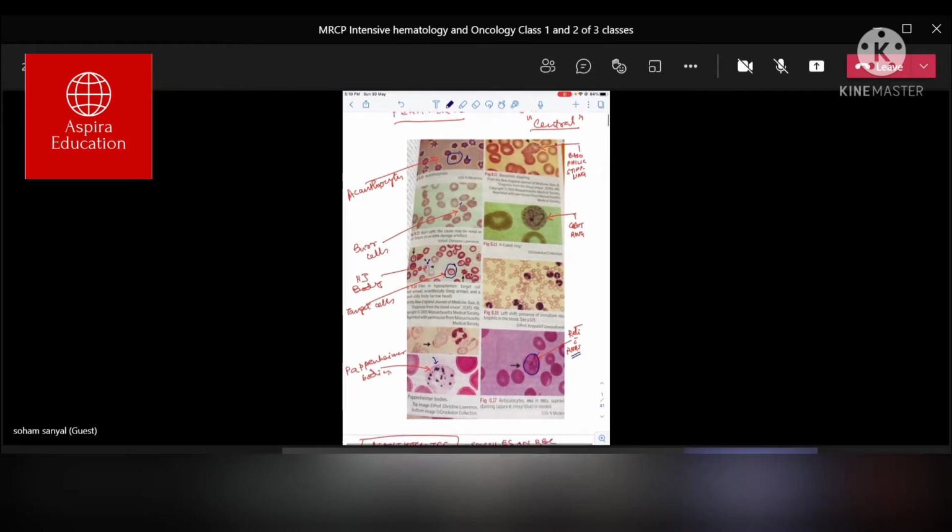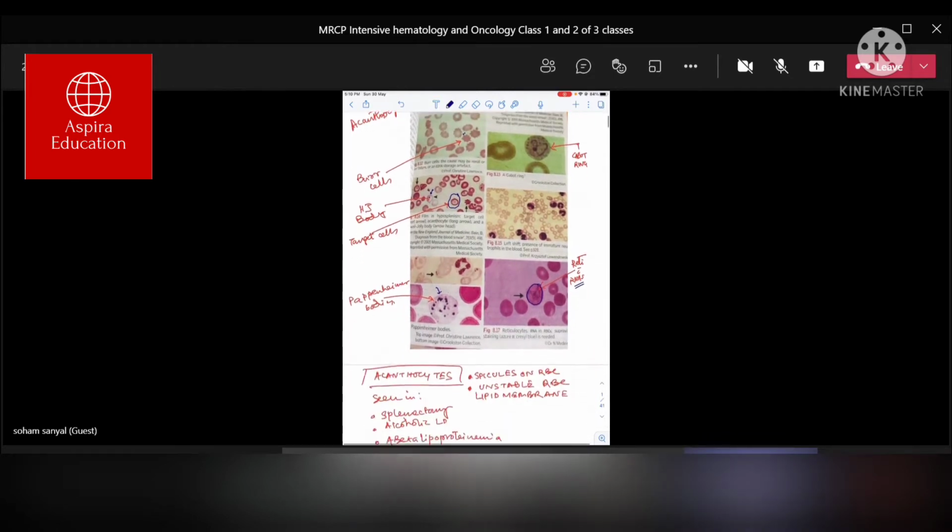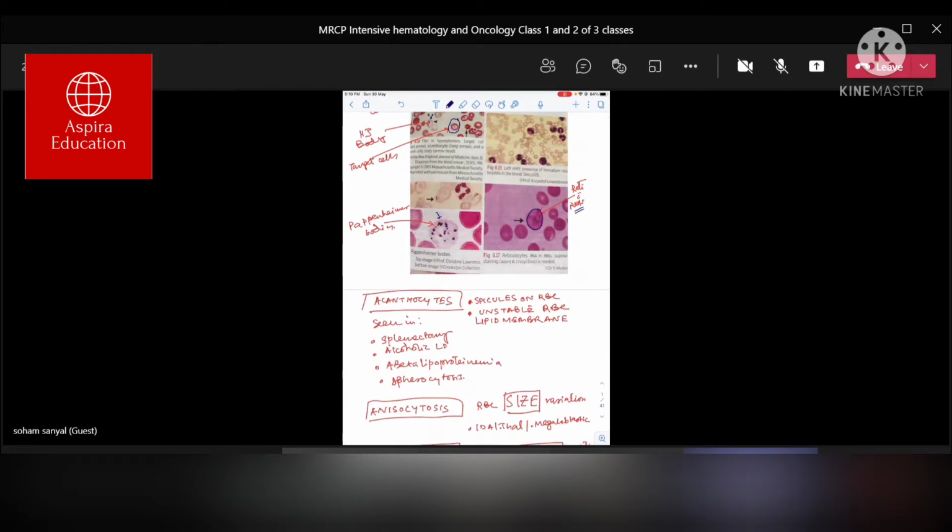Okay. So first of all, look at the acanthocytes. When acanthocytes are present, you can find the spicules on RBC. The reason spicules are found is that the RBC lipid membrane is unstable in certain diseases, which will lead to acanthocytes.